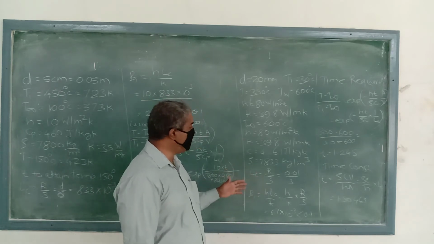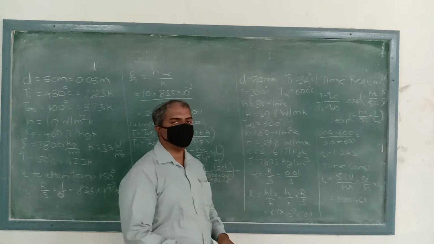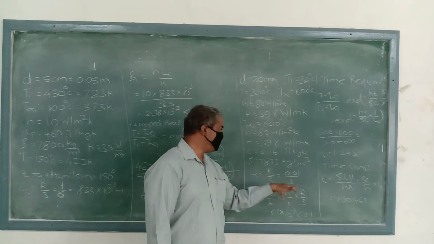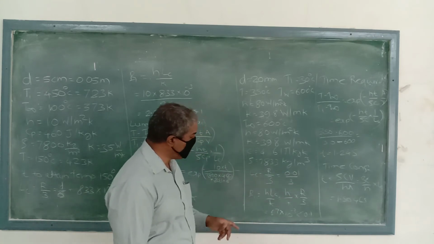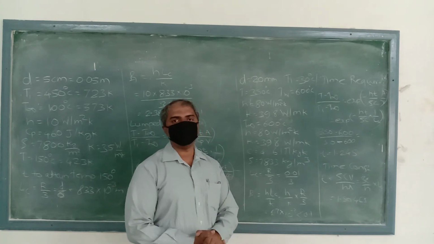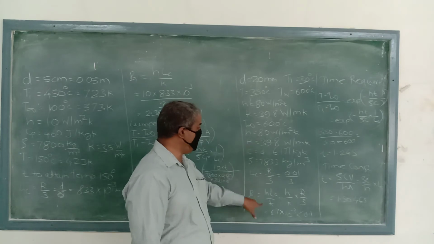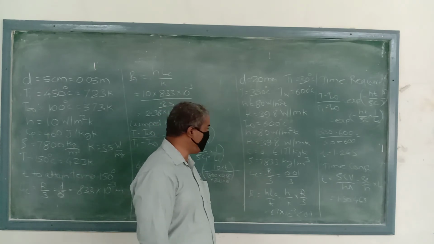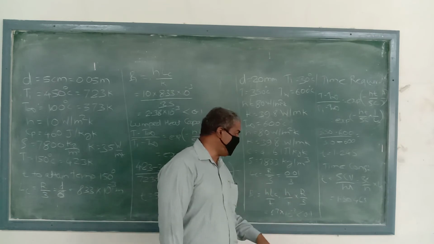The diameter is converted into the radius, so it becomes 0.01 divided by 3. So Lc we can easily calculate, and Biot number is equal to h Lc divided by k. H they have given here 80, k they have given 39.8. Lc, the characteristic length, is R by 3.